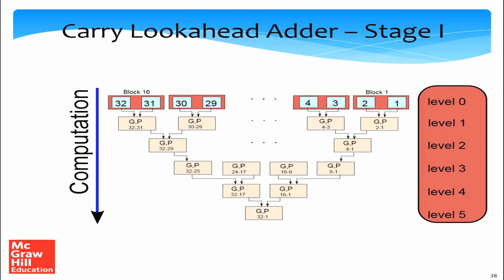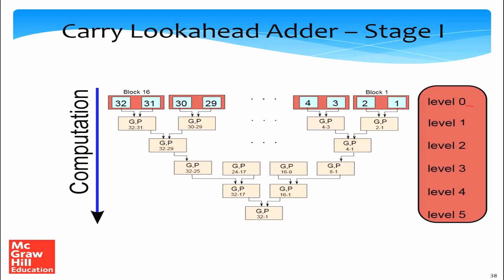In this diagram, let's number the bit pairs: first bit pair, second, third, fourth, and so on. Let's say that in level 0 we consider 2 bit pairs, and we have the solutions for a 2-bit system. So we compute the GNP functions for the first 2 bit pairs, which is 1 to 2, 3 to 4, till 29 to 30, and 31 to 32.